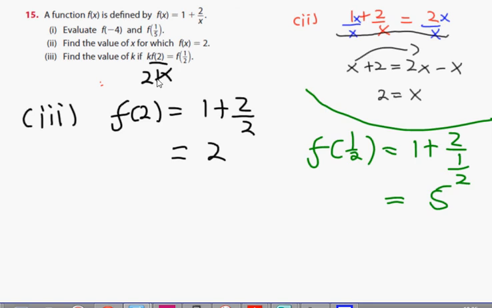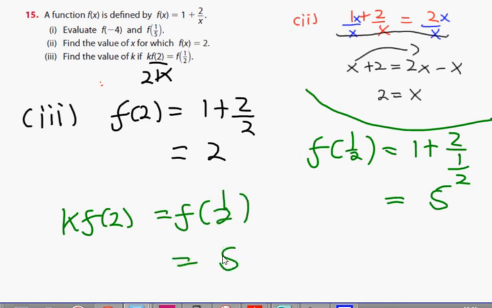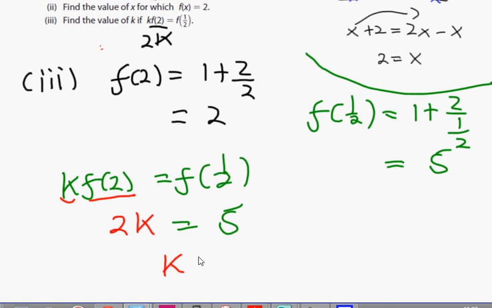So for k, f of 2 equals f of a half. F of a half is 5. F of 2 is 2. 2 multiplied by k is 2k. This means k equals 5 over 2. Okay.